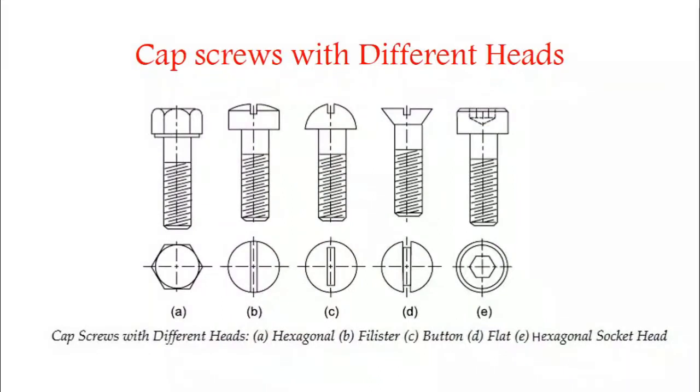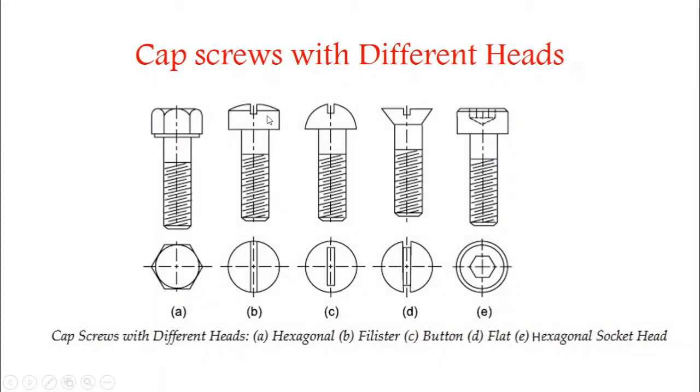A Pfister head cap screw has a cylindrical head with the slot for the screwdriver. A button head cap screw has a spherical head with a similar slot for the screwdriver. This is the spherical head, this is the cylindrical head.